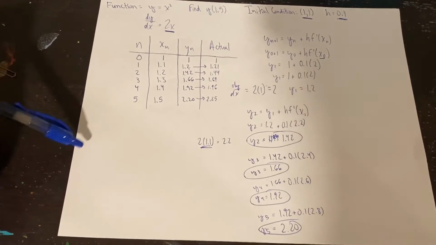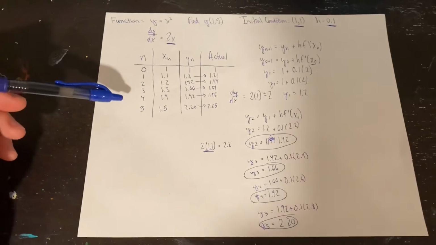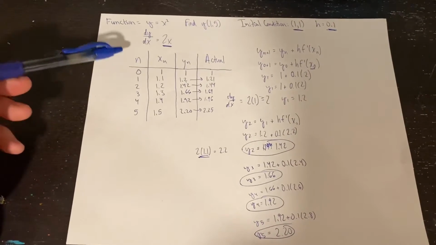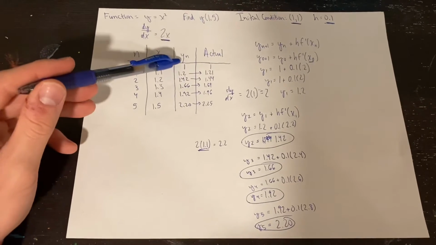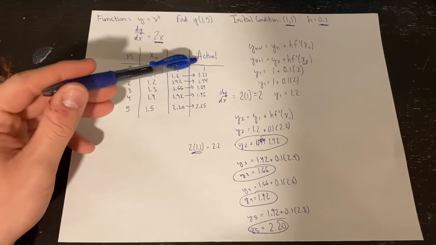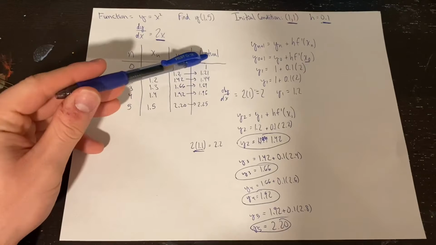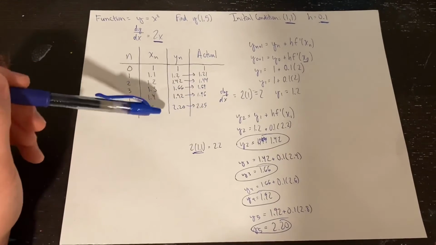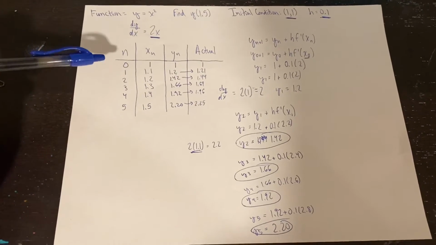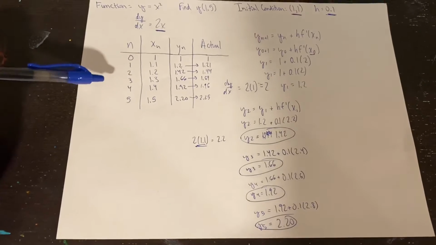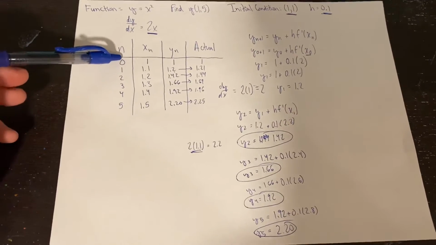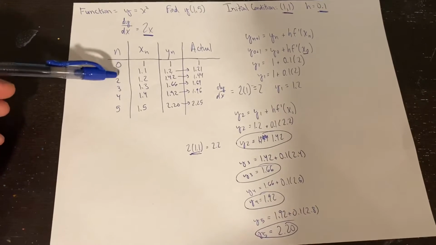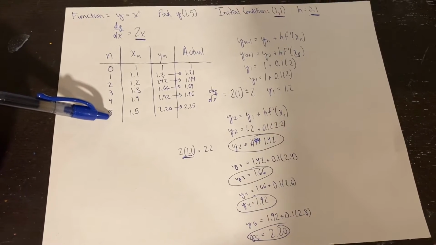Then what you're going to do next is draw a table. You're going to want to have n values, x sub n values, y sub n values, and then we're going to test the actual values afterwards to see how close it is to Euler's method, to see how effective it is. In this function, we can make arbitrary n values: 0, 1, 2, 3, 4, and 5.